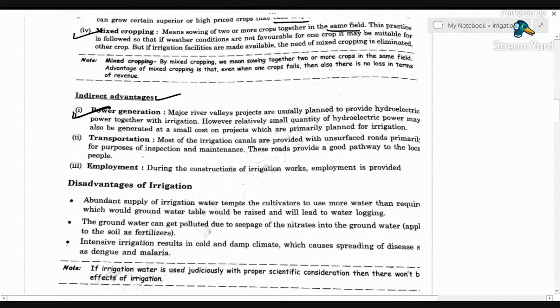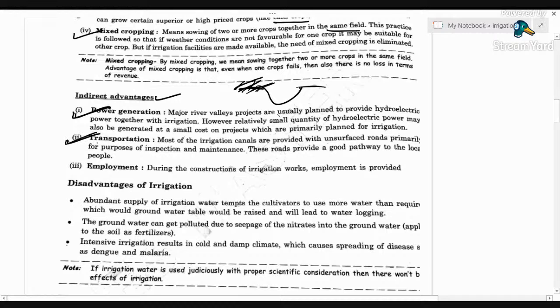Transportation: suppose you are designing some canals, there also you can do navigation. The side of the canal, you can use it because this is the protection of the canal. Along this side, you can design some footpath because the local people can utilize this way for their navigation purpose.